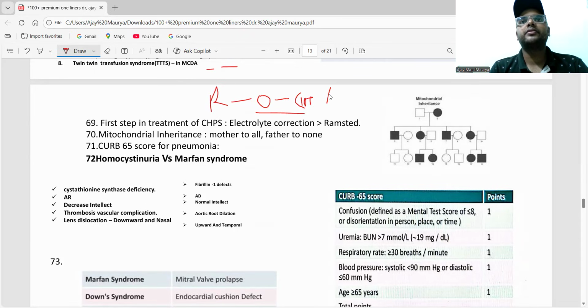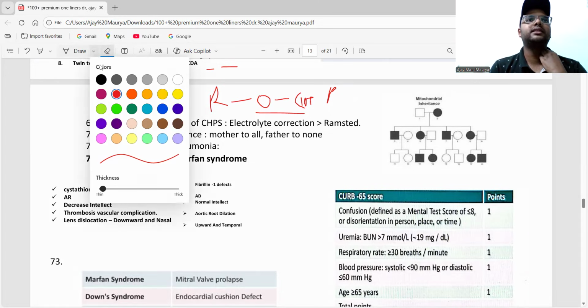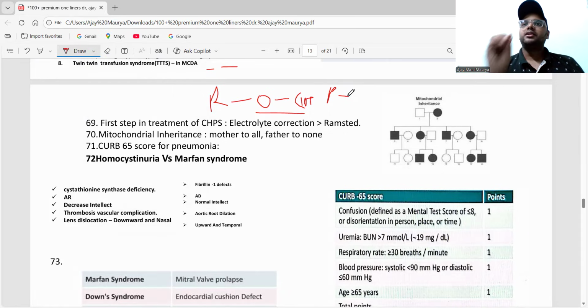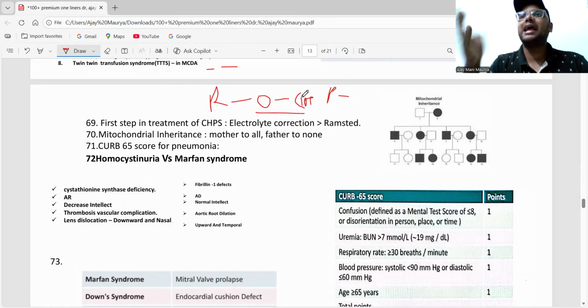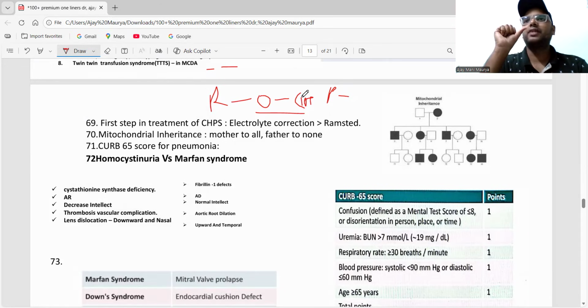Ram ate olive shaped chips, and he vomited the exact chips. Now there is no change in the color of the vomiting. See here, Ram ate chips.